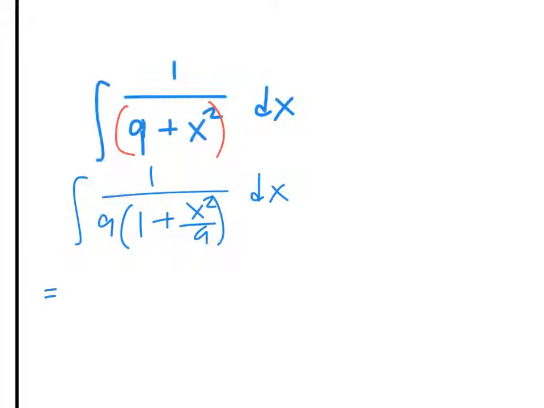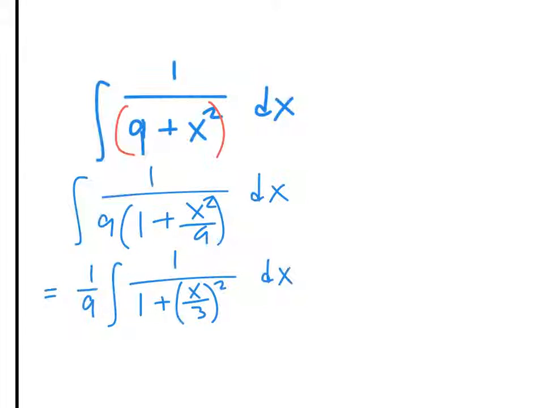Okay, and at this time, it's much nicer if, every time you have a constant or coefficient, you take it out of the integral so you don't look at it at the same time. So it's going to be 1 over 9, 1 over 1 plus, and then that x squared over 9, you always want to change it to something squared. So that's going to be an x over 3 squared dx.